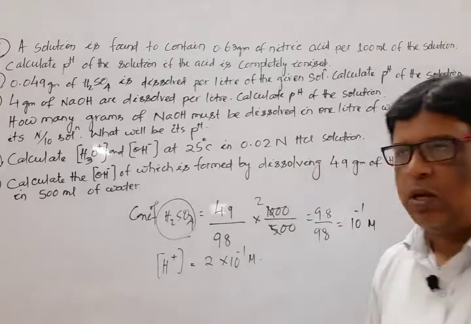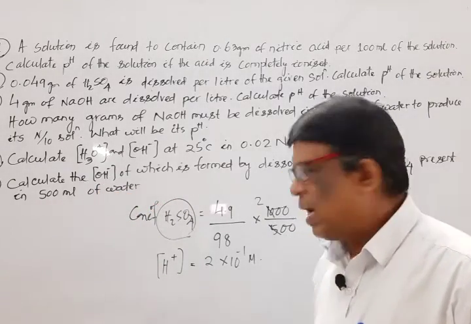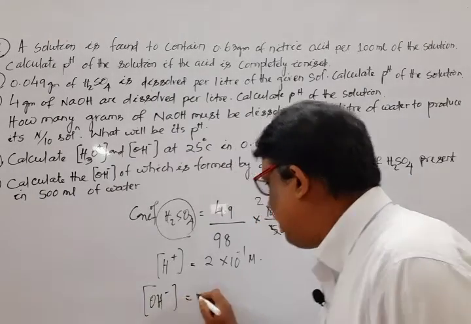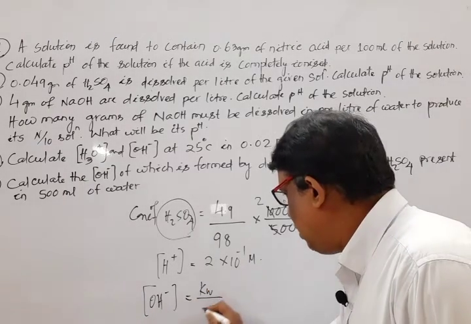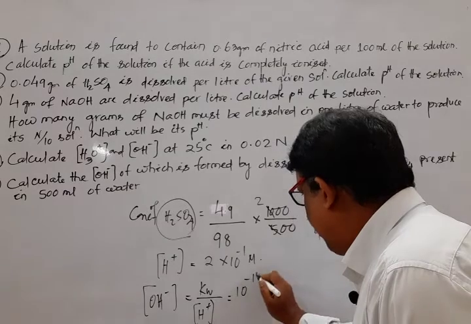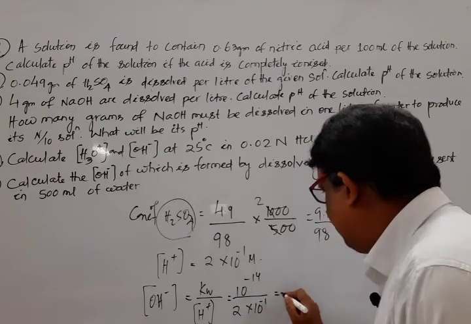As it is the H plus ion concentration, the question is to calculate the OH minus ion concentration. We know if the H plus ion concentration is given, then OH minus ion concentration is equal to Kw by H plus ion concentration, is equal to 10 to the power minus 14 by 2 into 10 to the power minus 1.